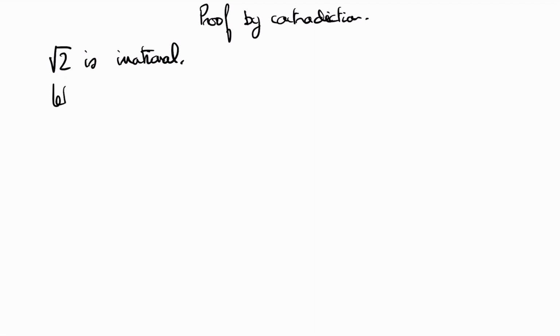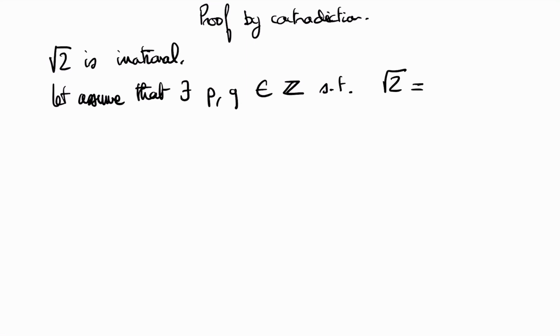So let's assume that there exist p and q belonging to Z such that root 2 is equal to p over q. So root 2 can be written as a fraction.